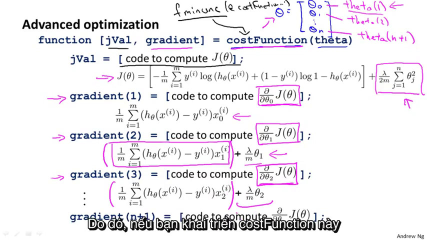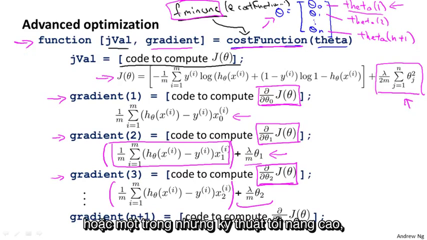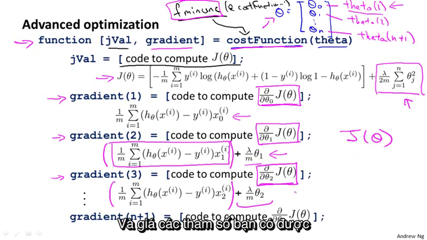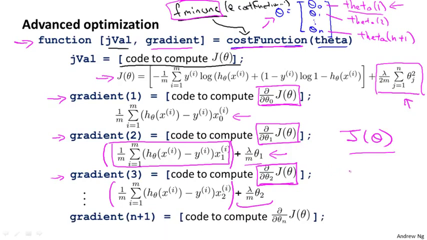So if you implement this cost function and pass this into fminunc, or one of those advanced optimization techniques, that will minimize the new regularized cost function J of theta, and the parameters you get out will be the ones that correspond to logistic regression with regularization.